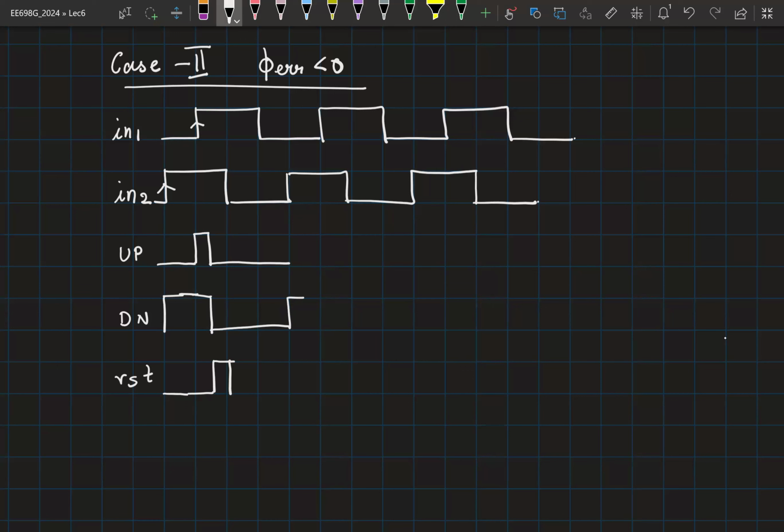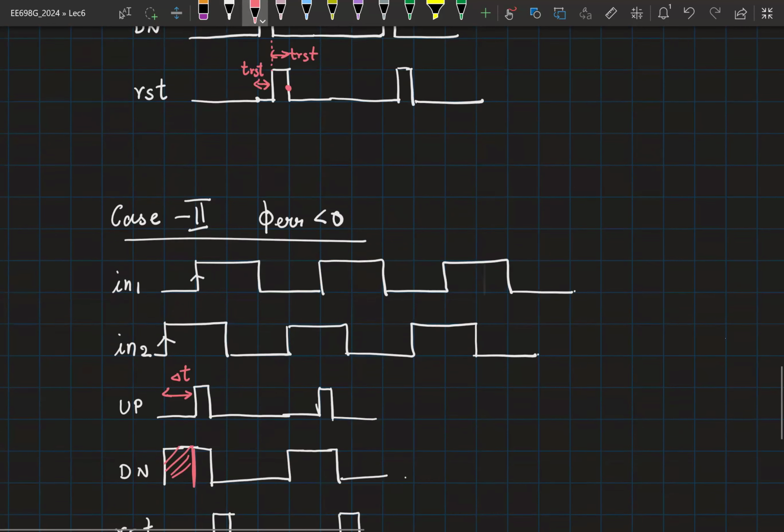Down goes high here. Up goes high here. And they'll come down after a reset delay. Now, in this case, the delta T information is now present in the down signal.